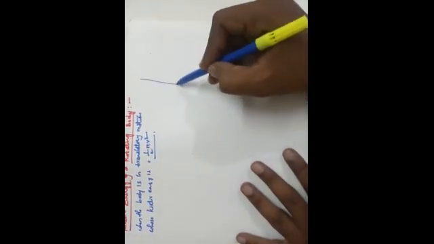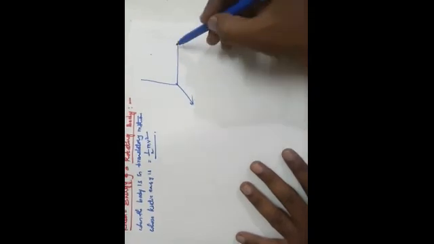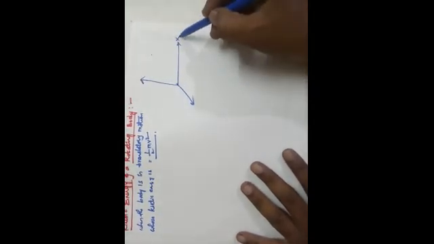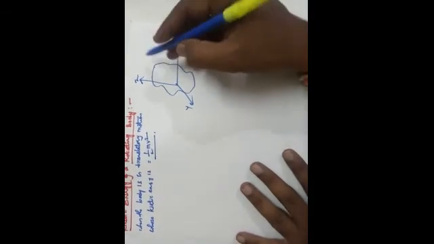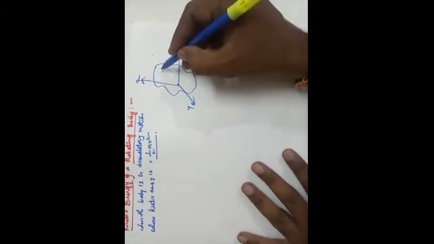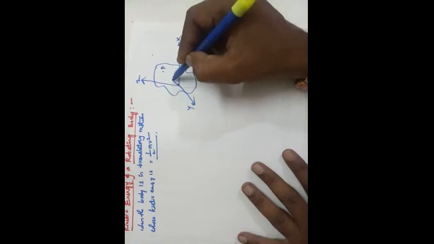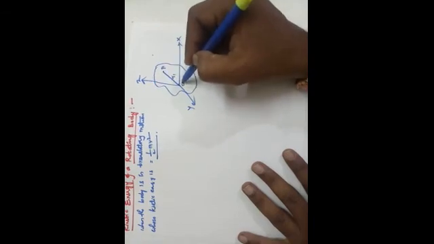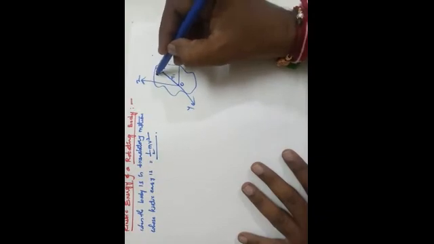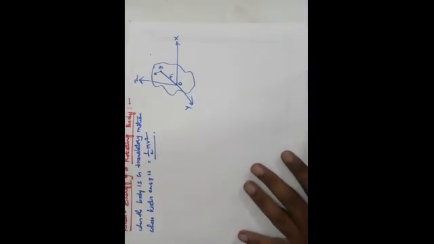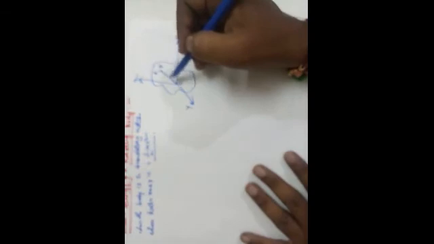But if the body is in rotatory motion, what happens? Let us take the x, y, z axes here. Now I am taking a rigid body. Let us assume a particle P1, which is at distance r1 from the origin. It has a linear velocity which is perpendicular to the OP direction.